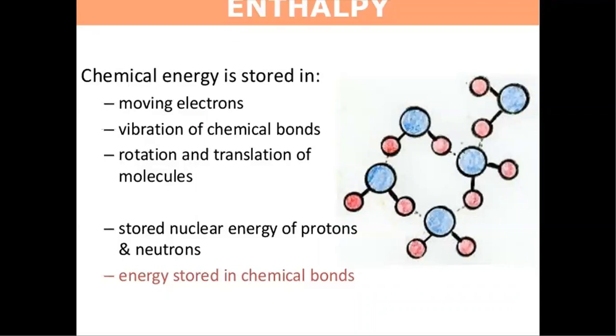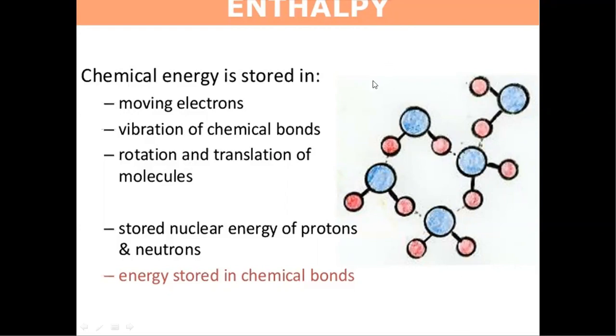The chemical energy present in a system is mainly due to moving electrons, vibration of chemical bonds, and rotation and translation of molecules. For example, assume this is the chemical energy present in the chemical bonds.